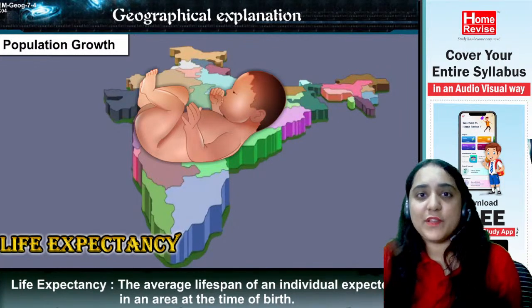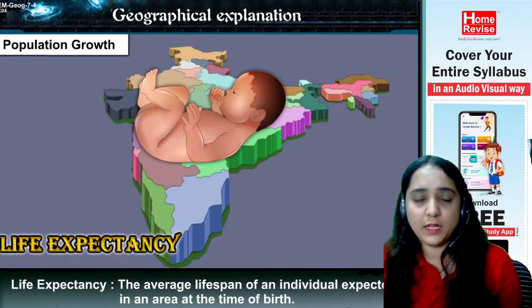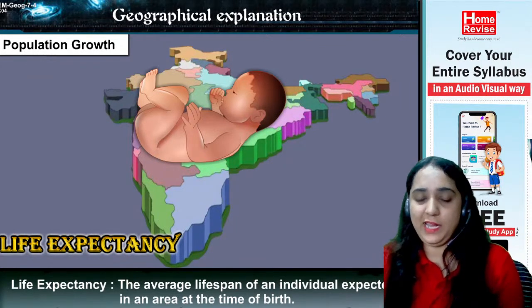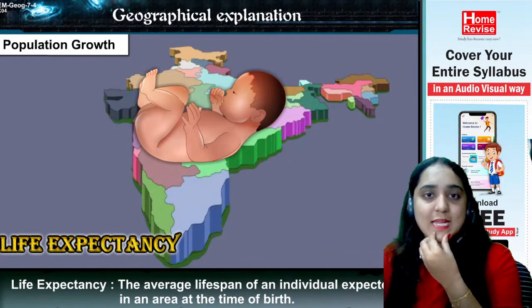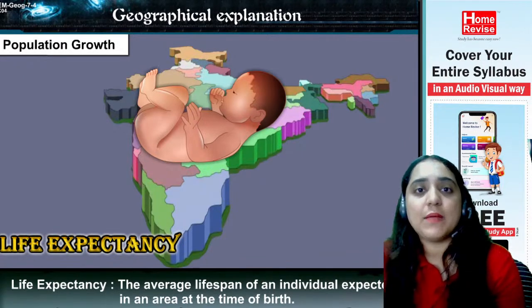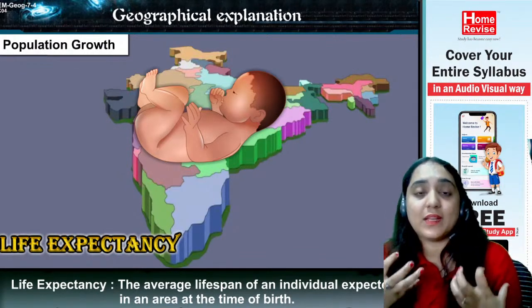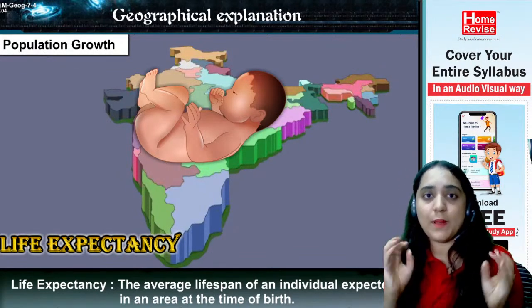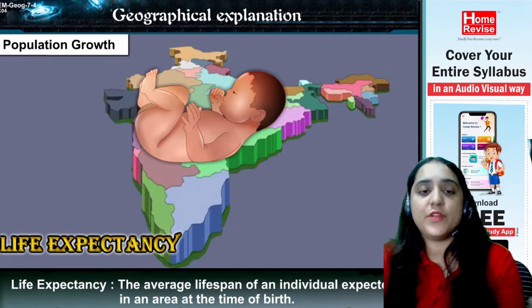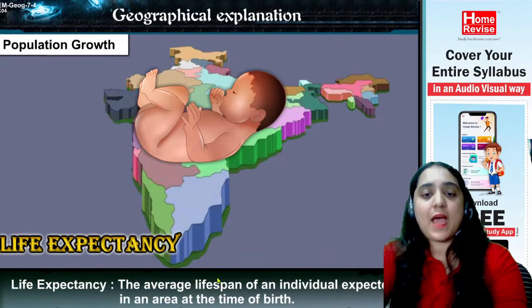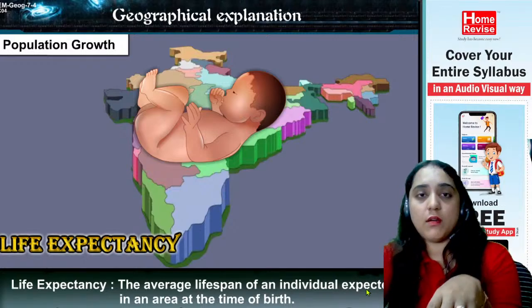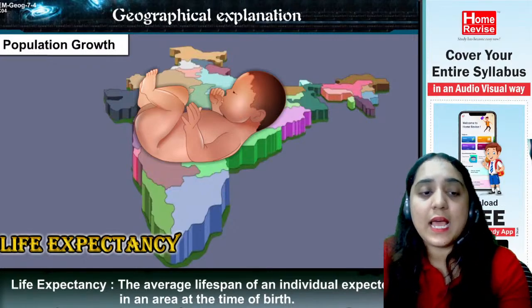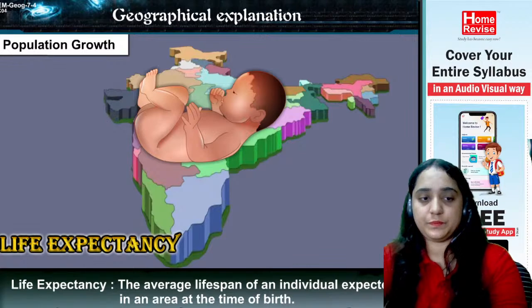It is not exact, but we can take an average. It can be 75 or 77, 78, something around that. Hardly people live till 90s or 100, some just cross 90, but it has been considered that the average, I'm not saying exactly, it is just the average of the lifespan of individual people expected according to the area, so it is called the life expectancy.